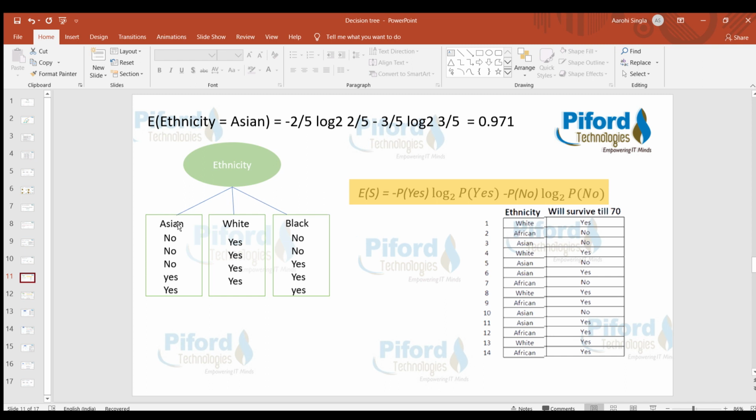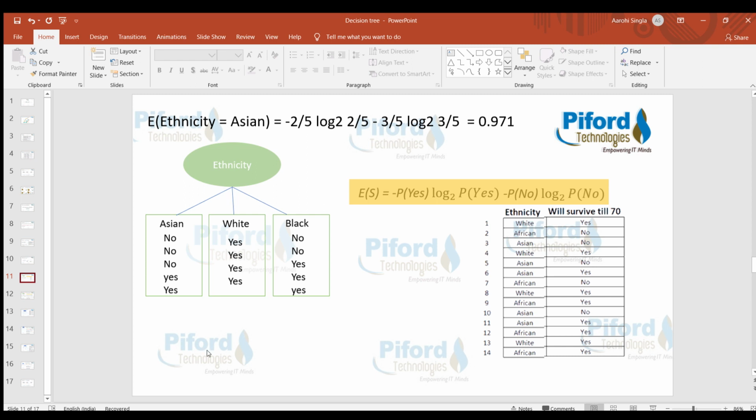So basically what I've done over here is separate the different kinds of values in the ethnicity column, and now I'll check how many records belong to Asian. If you see over here, you'll get 5 records. Asian, Asian, Asian, here and here. We have 5 Asian records.